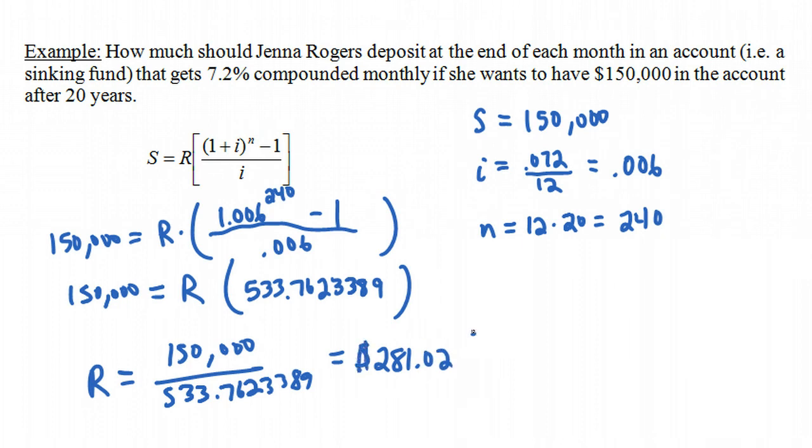So that's how much you would have to put in each month, at the end of each month, if she's getting the 7.2% interest, so that at the end of 20 years, she would have $150,000 in the account.